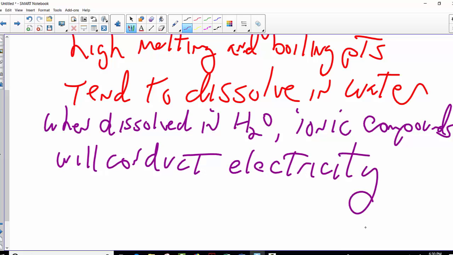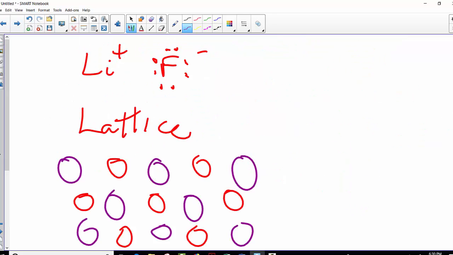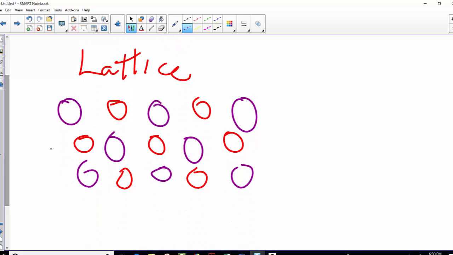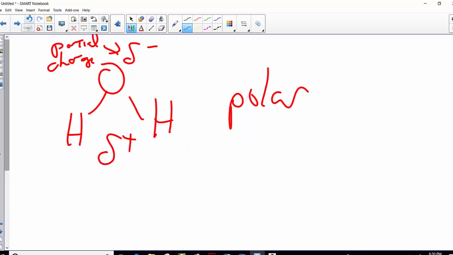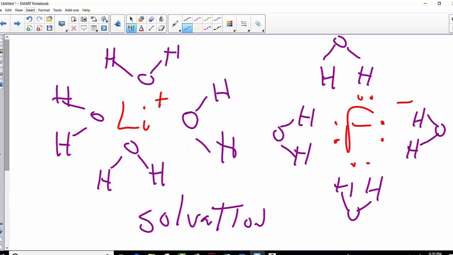Remember what I said in the metallic bonding video, that in order to conduct electricity, you need moving charges. Well, if you have a lattice, a solid, you've got charges, but they aren't moving. But when you have the ions dissolved in water, now you have ions that are free to move. So that's why ionic compounds will conduct electricity.